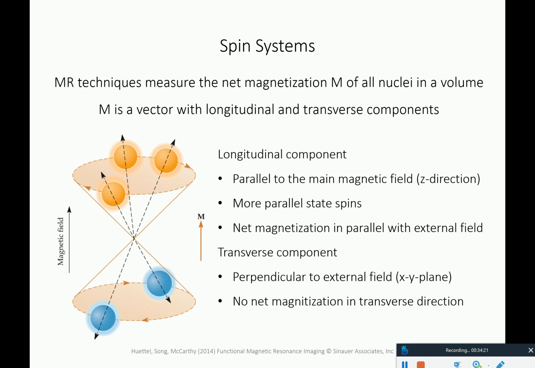Now the fundamental thing is that if nothing happens, so if you have these many nuclei inside the specimen that you put into the scanner, and they align parallel and antiparallel, the net magnetization, because they all precess in different phases, is purely along the Z direction.